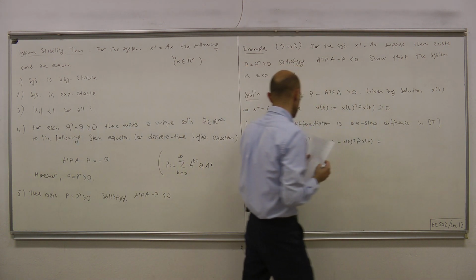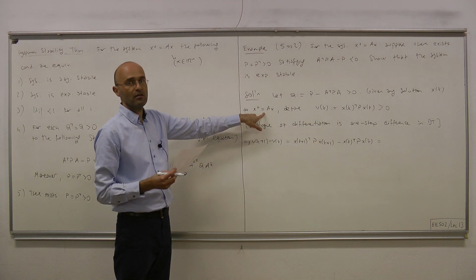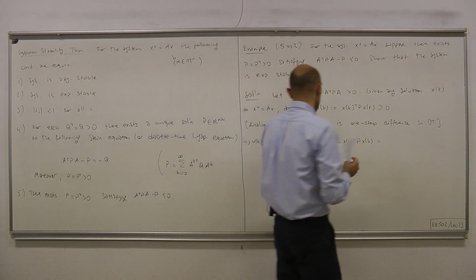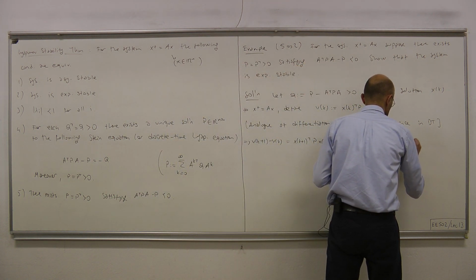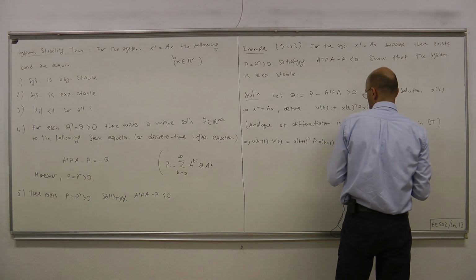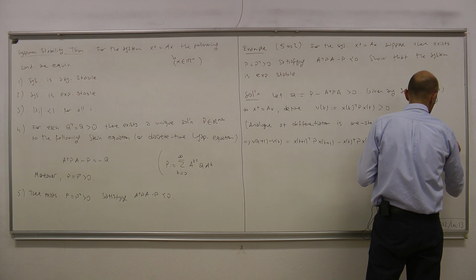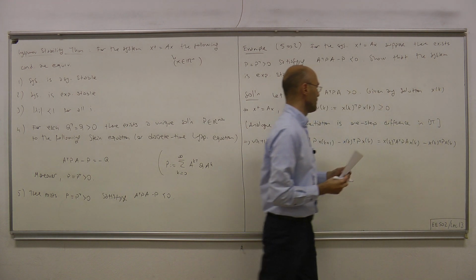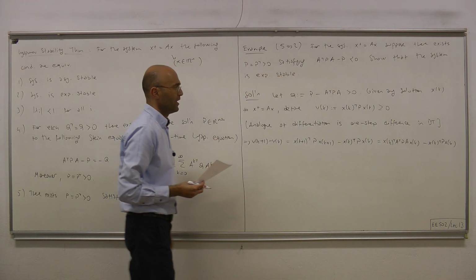And that can be written as x(k+1) is A times x(k), from the difference equation. So this can be written as x(k) transpose A transpose P A x(k) minus x(k) transpose P x(k).